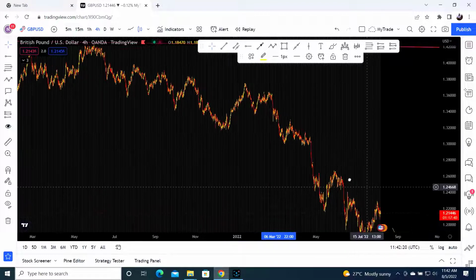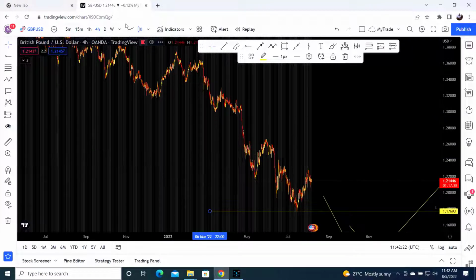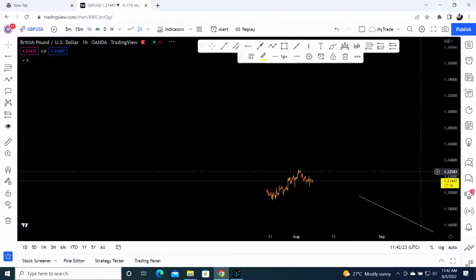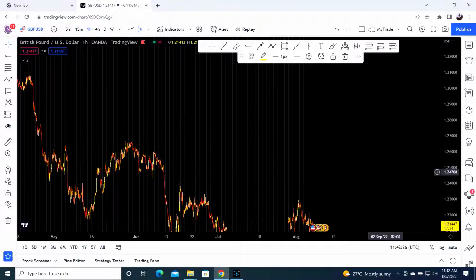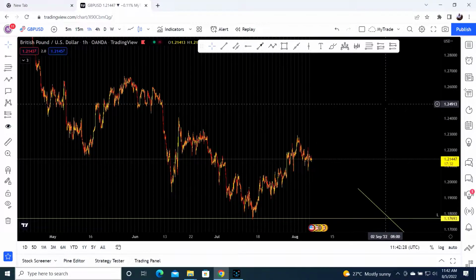But what is very, very important is when we get to 1 hour. 1 hour is the time frame I love the most because it gives me the current picture, what I'm supposed to do currently. Of course, we went to the weekly time frame, the daily time frame, and we knew we are selling. But it doesn't mean when you come to 1 hour or when you come to 15 minutes and you want to take a trade, you just go and sell.